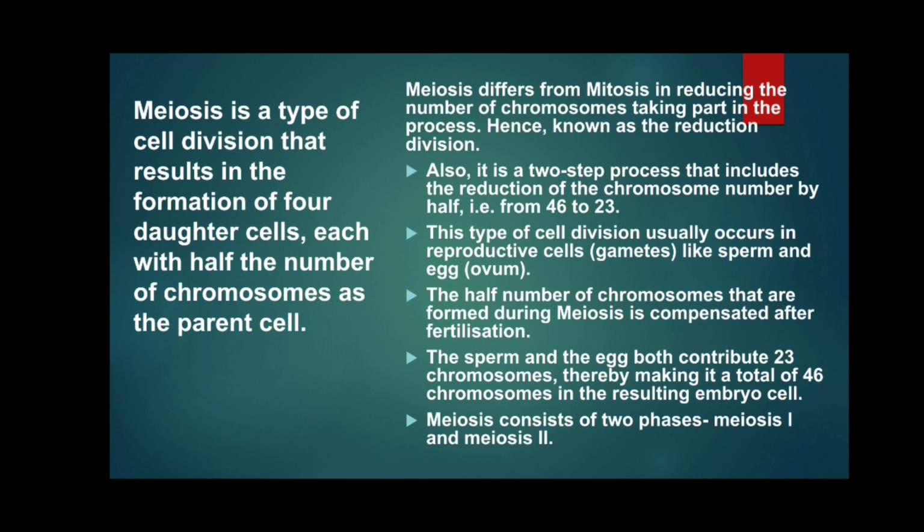It is a two-step process that includes the reduction of the chromosome number by half, as it was told to you in the previous slide that male and female gametes are haploid. When male and female gametes unite together and form a single diploid cell, that means a 2n cell, then they acquire 23 pairs or 46 chromosomes. So the half number of chromosomes formed during meiosis is compensated after fertilization.